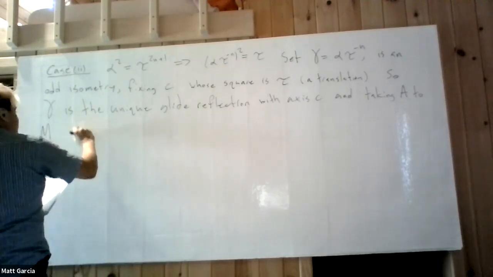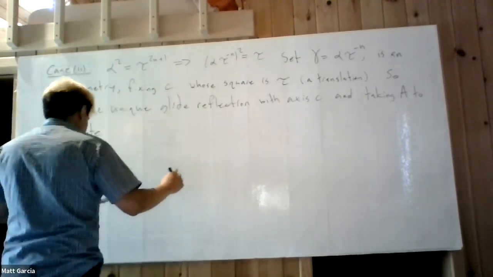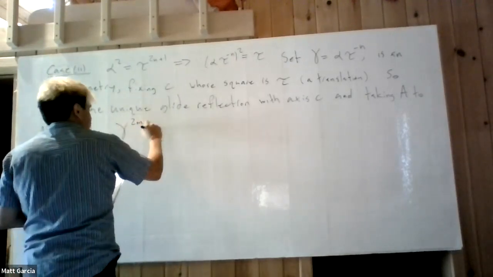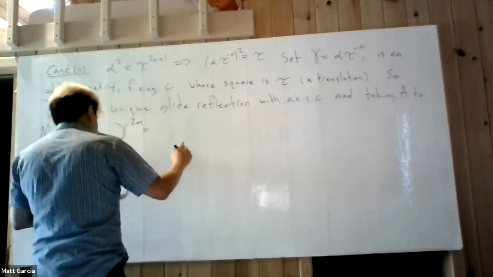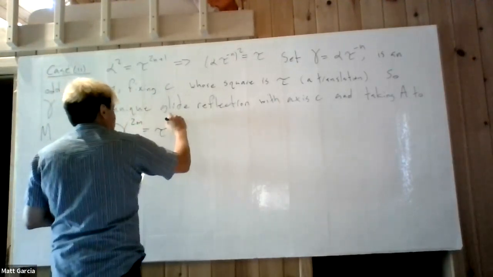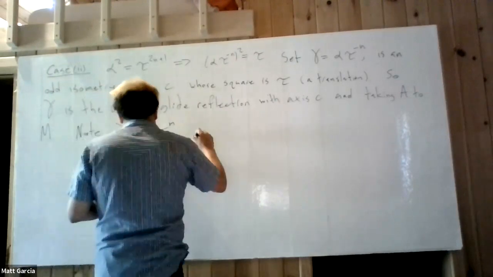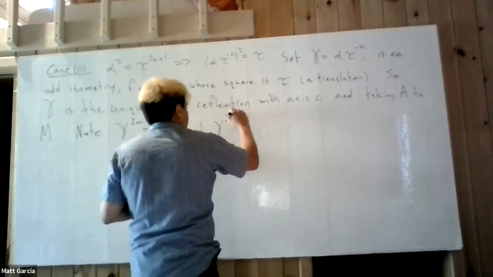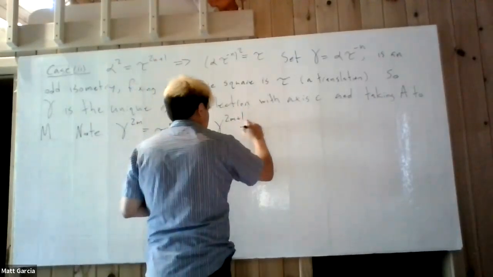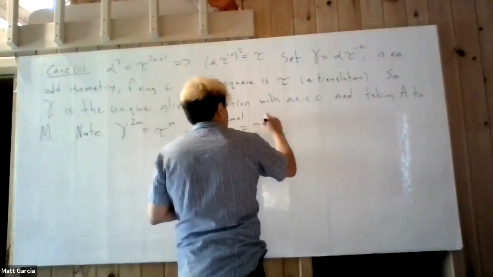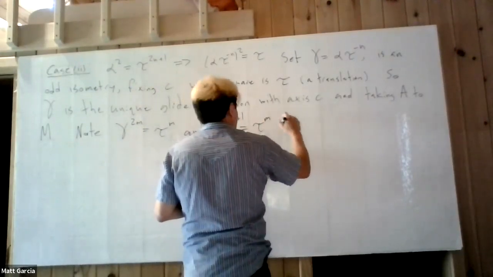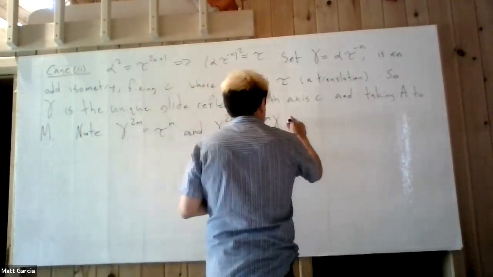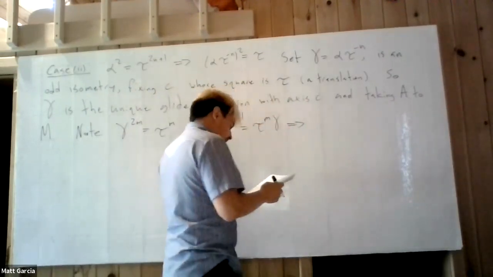Okay, so now just note that gamma to the 2m is equal to tau to the m. And gamma to the 2m plus 1 is, of course, tau to the m times gamma. So what does this tell us?